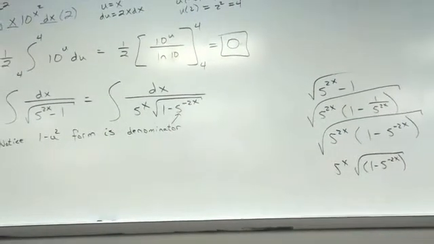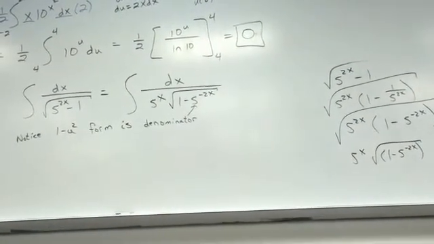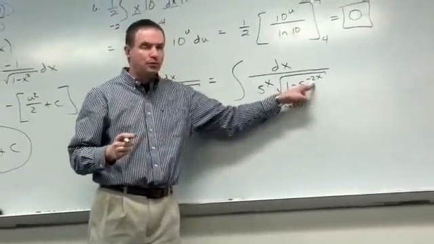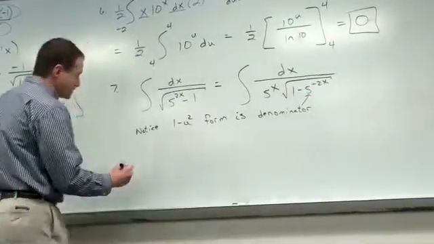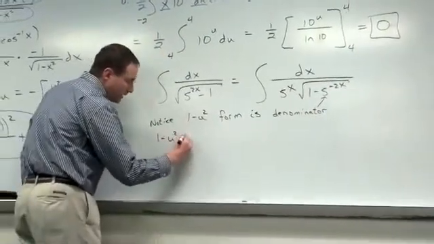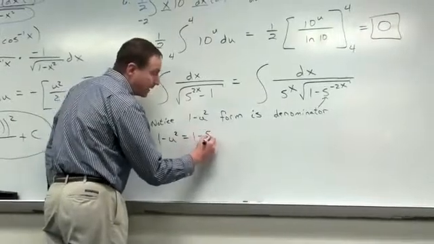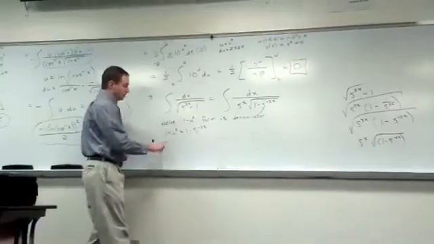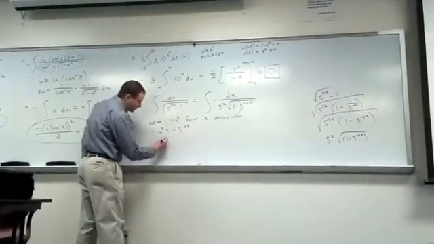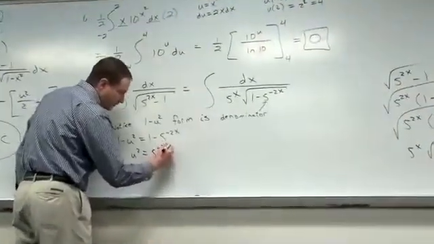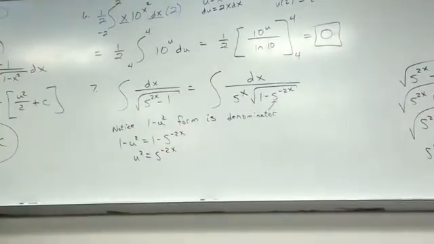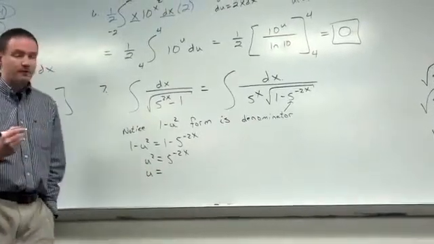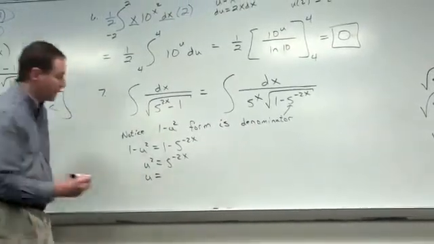Okay, here's my thinking on this problem. If I'm trying to force an inverse sine, I want to see 1 minus u squared in there. So 1 minus u squared equals what I have, 1 minus 5 to the negative 2x. So clearly, u squared has to equal 5 to the negative 2x, so u has to equal the square root of that, which is 5 to the negative x.